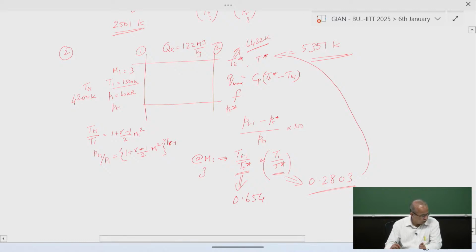So what is Q max? Somebody said 2 point. So Q max is 2.23 megajoule per kg.